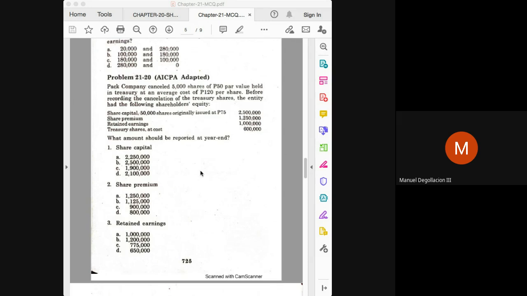And our retained earnings, instead of 1 million, because of the supposed loss on the cancellation of the treasury shares amounting to 225,000, our remaining retained earnings would be 775,000.